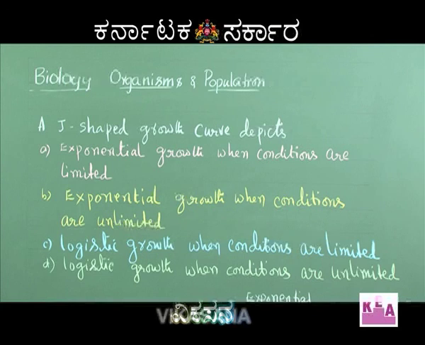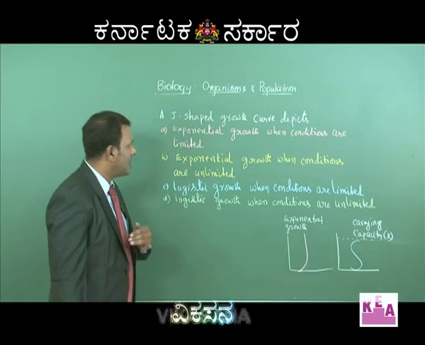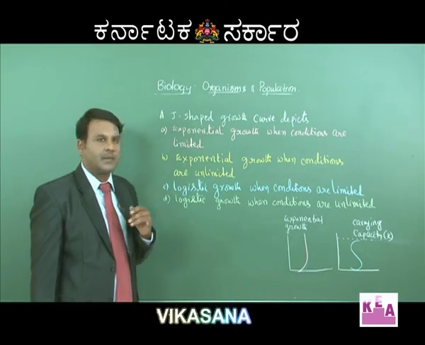A J-shaped growth curve depicts: option A, exponential growth when conditions are limited. Option B, exponential growth when conditions are unlimited. Option C, logistic growth when conditions are limited. Option D, logistic growth when conditions are unlimited. Let us see the options one after the other.